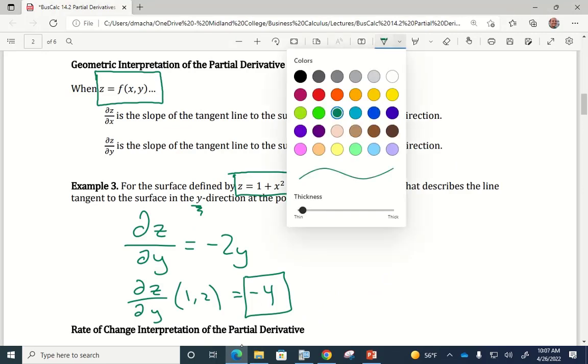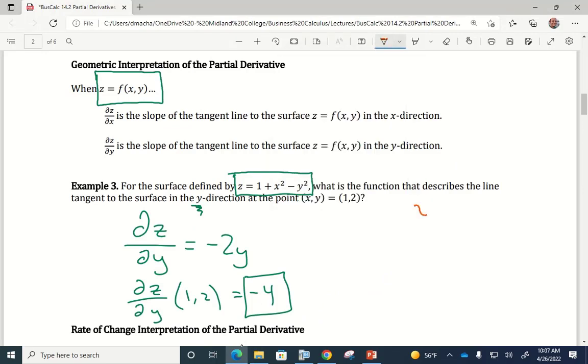Just for kicks, let's pretend that we're looking for it in the x direction. And I'll be talking about partial z, partial x. And that would be 2 times x.